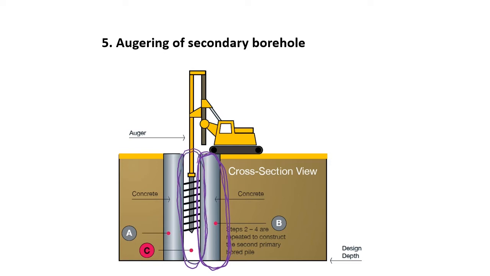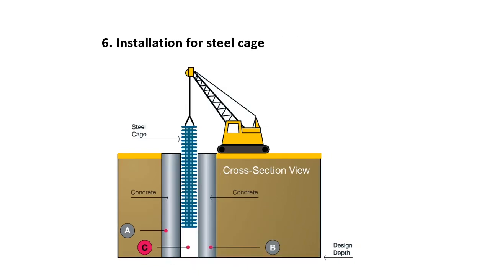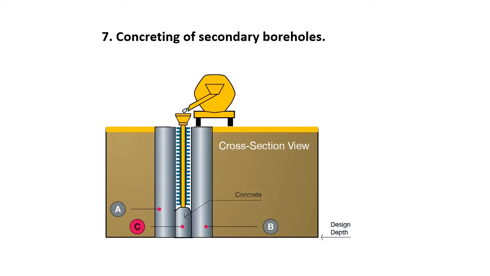Tapi masa kita auger ni kita must make sure that yang primary 2 ni yang duduk dekat sini dia tak reach lagi dia punya maximum strength, tak rosak lah this auger. Jadi memang dia overlap. For secondary second pile, there is a reinforcement, so we must put the steel cage inside. Next, we concrete the secondary borehole.